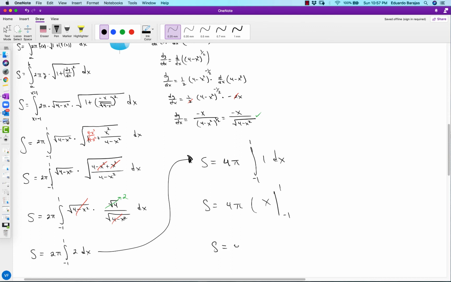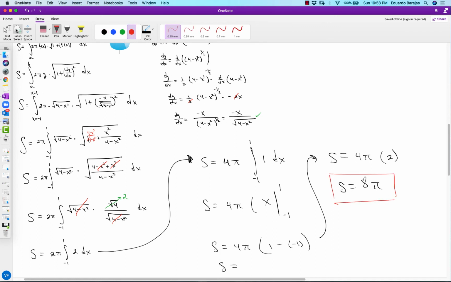So S equals 4 pi times 1 minus -1, so S equals 4 pi times 2, or the surface area just equals 8 pi. Okay, and that's our answer.